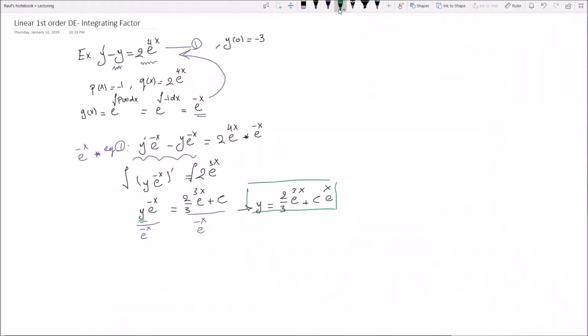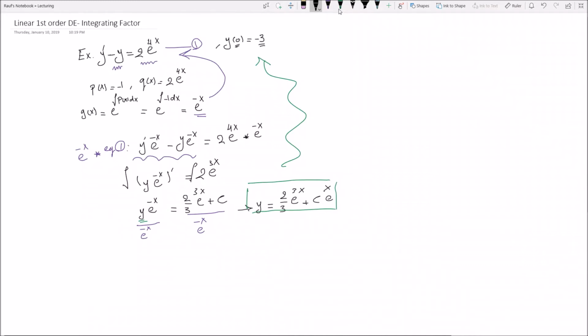Now you start to use the initial value given to you at the start of the question. How are you going to solve it? You just substitute the values of x and y in the final solution. So in this case, x is 0 and y equals minus 3.